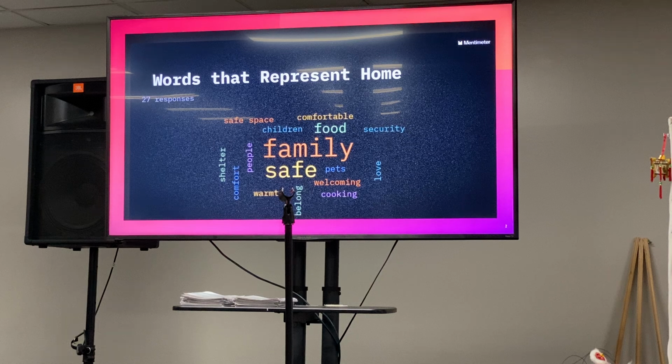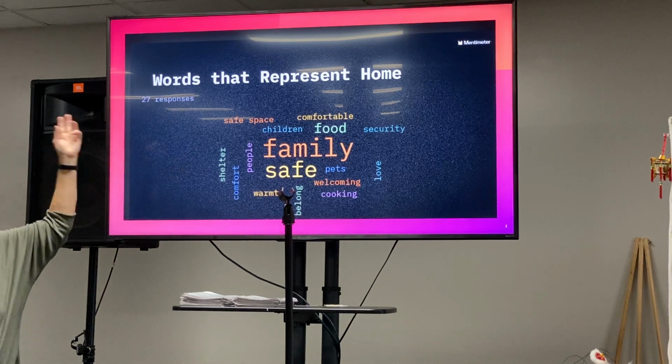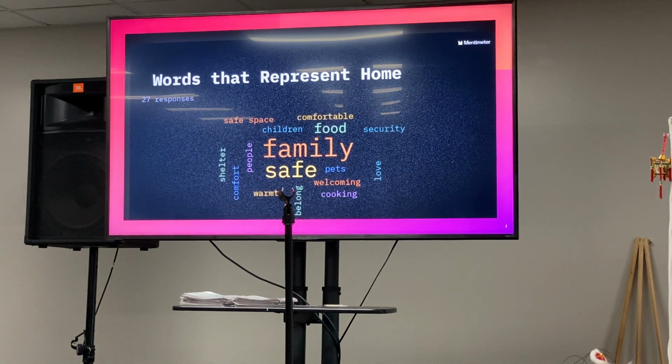So for those people who were not here earlier in the week, we ended up doing something called Mentimeter, which is a platform you can use for free, and this is something called a word cloud. I asked the people in attendance to access a QR code where they could answer a number of questions around words that represent home. You're able to enter 3 different words.